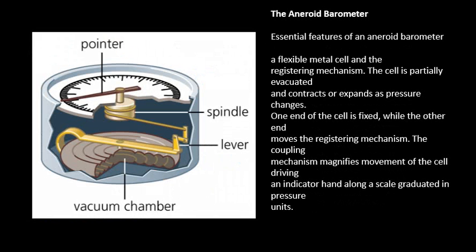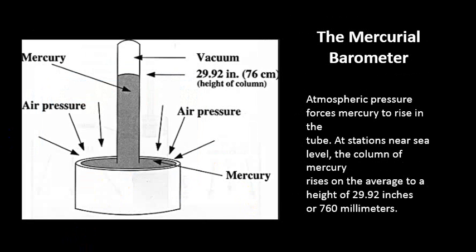Then we have an aneroid barometer. What we have here is a flexible metal cell. It's kind of like a foil type material, but this is the type of barometer that we have in aircraft. With all the flight conditions that we could experience, we wouldn't want the mercury one measuring atmospheric pressure.